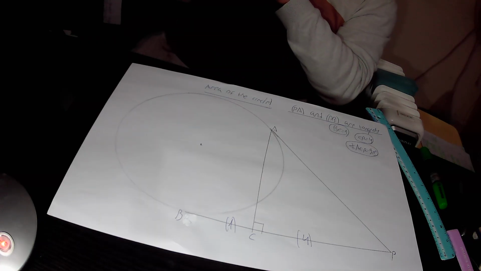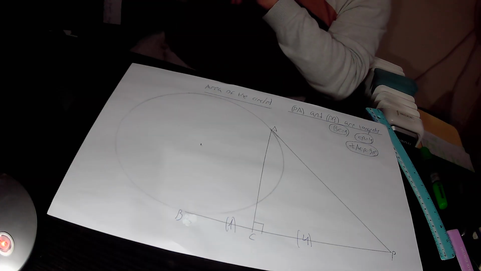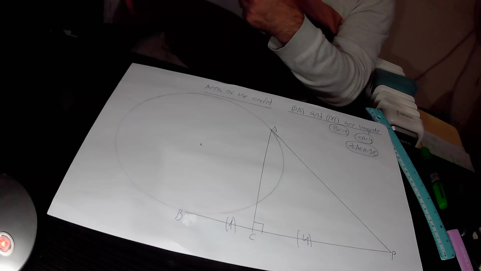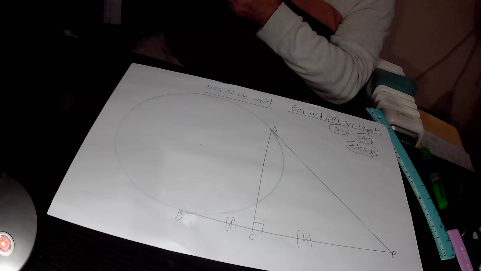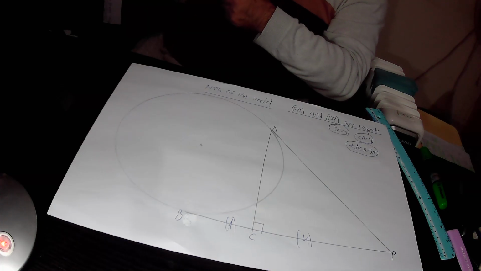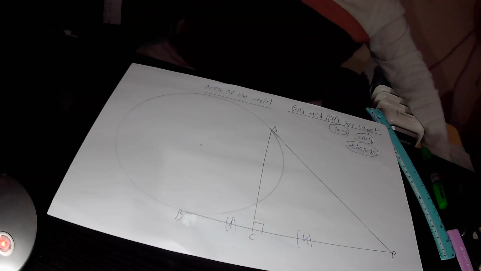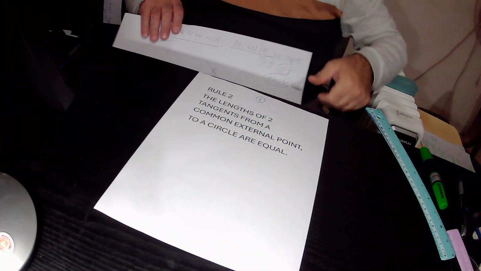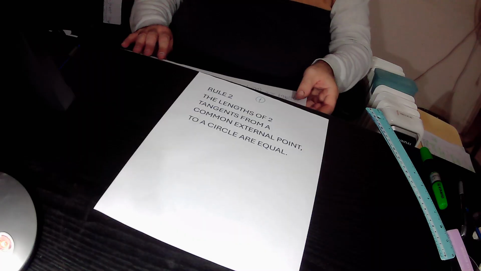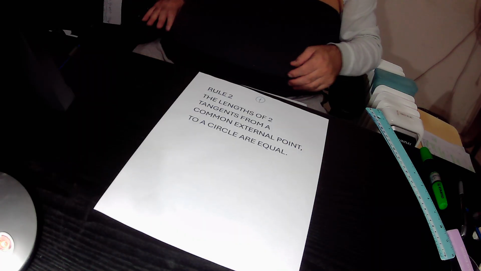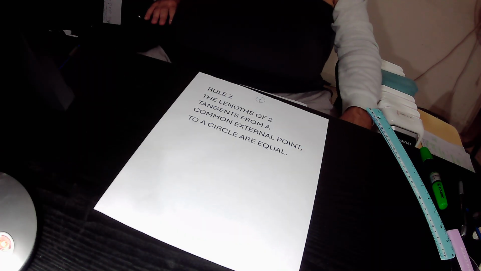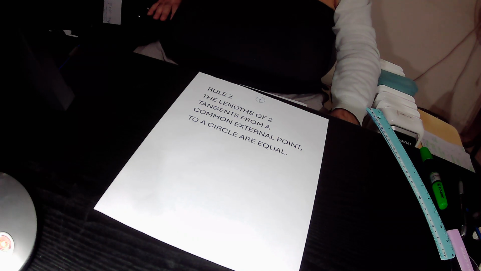So repeat quickly rule 2. According to rule 2, the lengths of 2 tangents from a common point to a circle are equal.